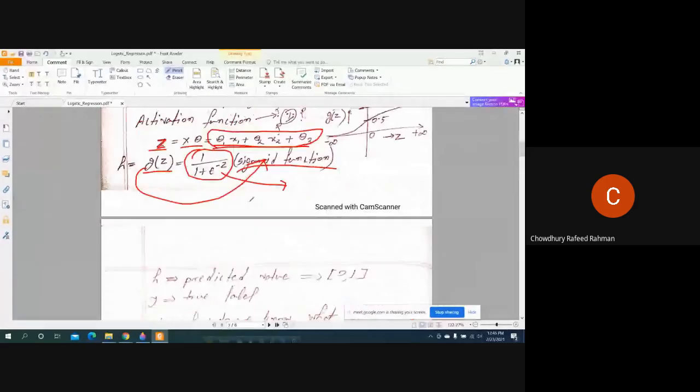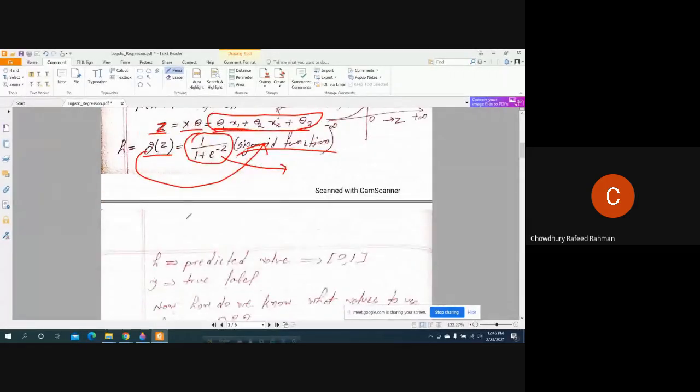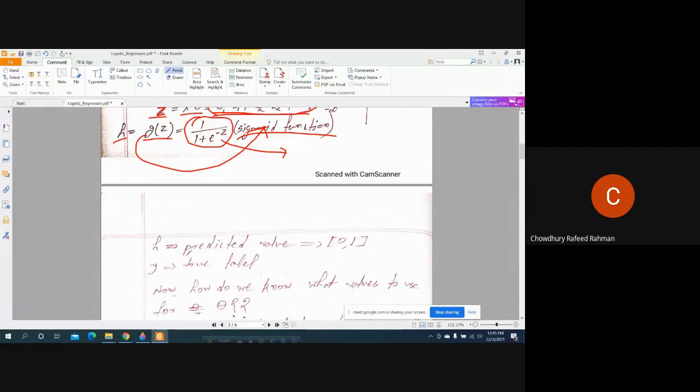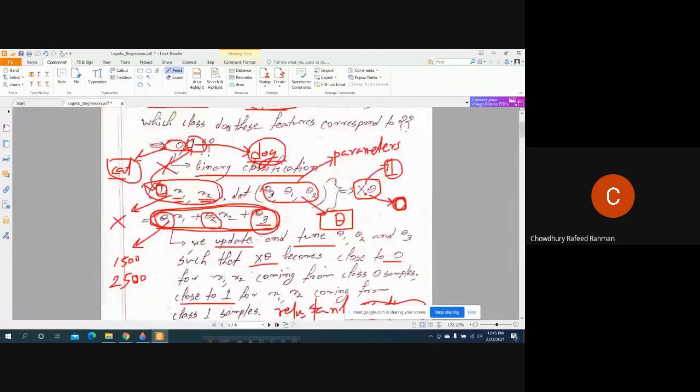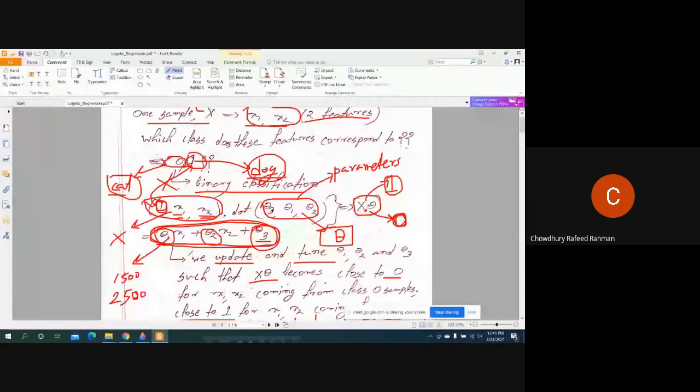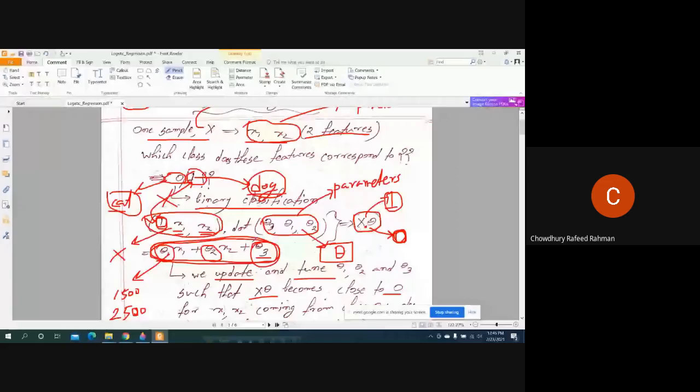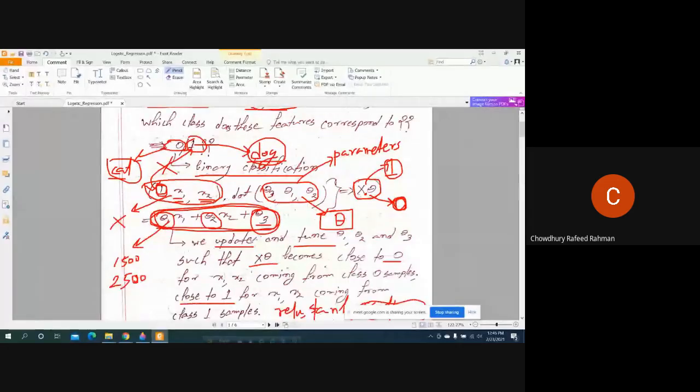So next, we shall define some terms. h is our predicted value. Why is it our predicted value? Because this value is being predicted by our model, by our logistic regression model. So let me ask you, what is a model?